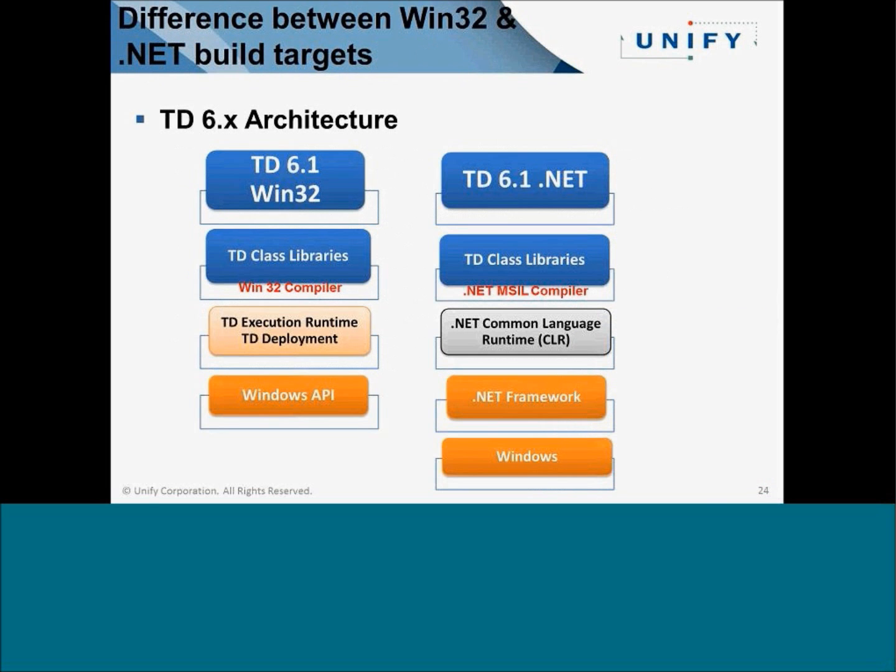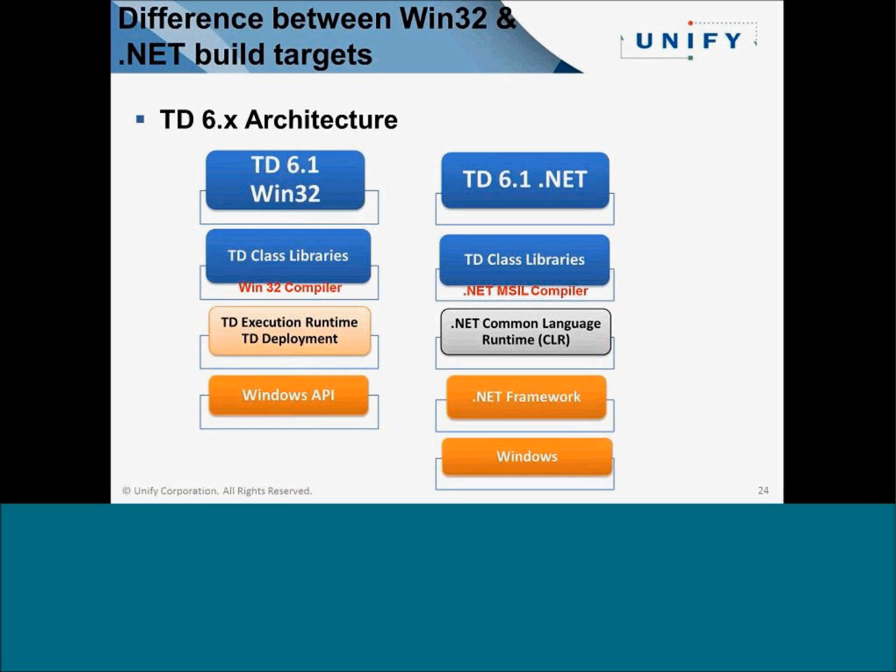Let's have a look first, before we start talking about the .NET environment, at the Team Developer 6.x architecture. On the left-hand side, you will see Team Developer 6.1 for Win32, and we use a special Team Developer class library. This library contains all the API functions, more than a thousand for the moment.